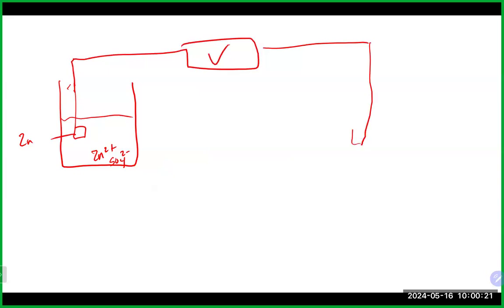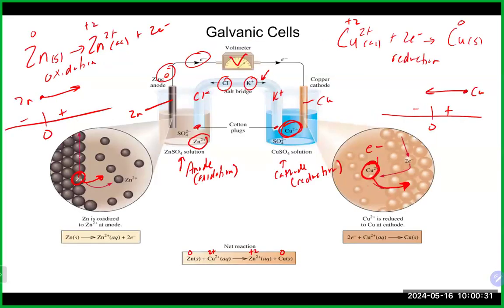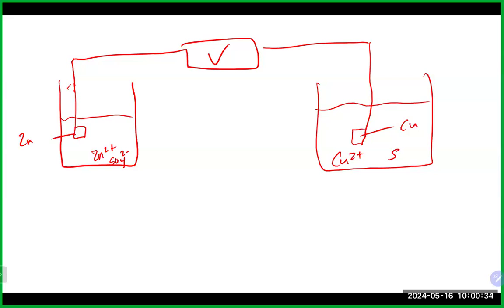Down to the other side, where we've got some copper, maybe a beaker to put it in would be good. There we go, copper 2. I think they use sulfate too, did they? They did. And we've got sulfate thrown around in here. And again, we have our salt bridge that is connecting the two.